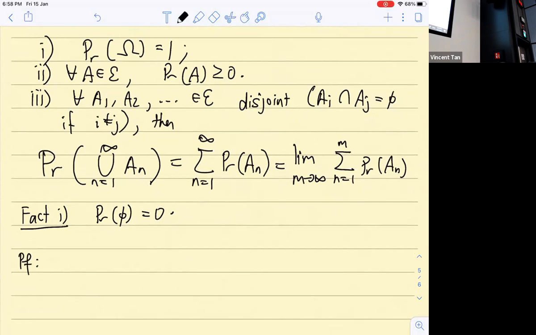Apparently simple fact. So let A_n be equal to the empty set for all n in N. Okay, so we create a sequence of empty sets.